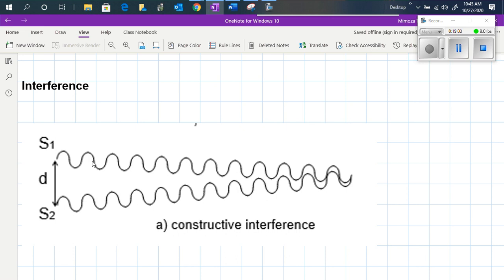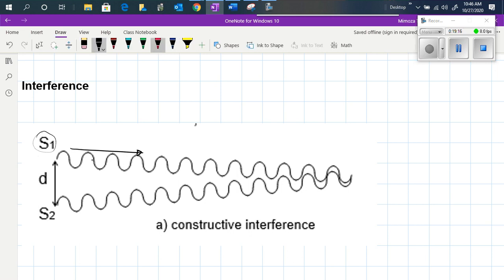Let's suppose that we have a wave S1 that is moving in this direction and wave S2 that is moving in this direction. They meet each other at a certain point. This is the point where they meet.